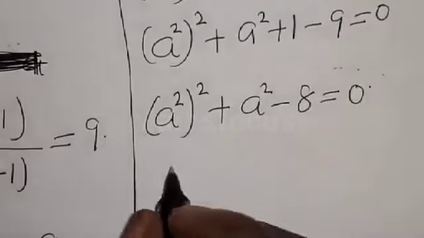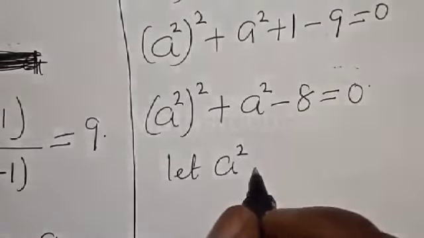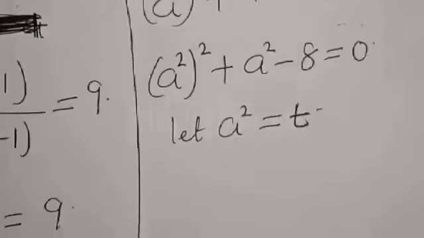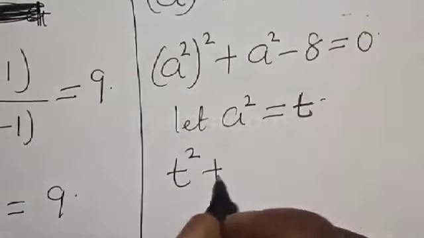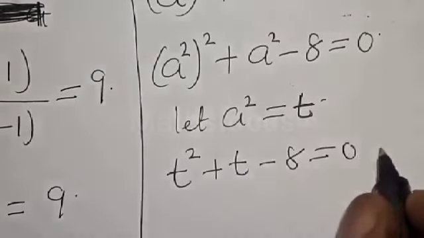Now, let a squared be equal to t. Then we have t squared plus t minus 8 is equal to 0.